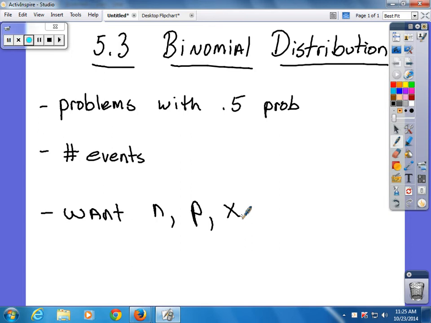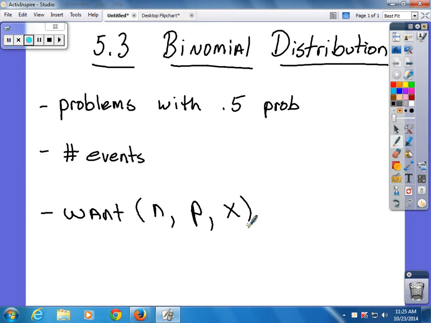You might want to highlight that, and you have to put it in that order because your calculator will not do it if you don't put it in the correct order. How does it know? Well, you can't put X in for P because P is a decimal, and X is not going to be a decimal. X and N are usually going to be whole numbers. So if you put a whole number in there, the calculator is going to freak out because, believe it or not, the calculator cannot think. All right, some of y'all think that a calculator can think and is smarter than you are, but it's not. That is what you're going to plug in to N, P, and X.